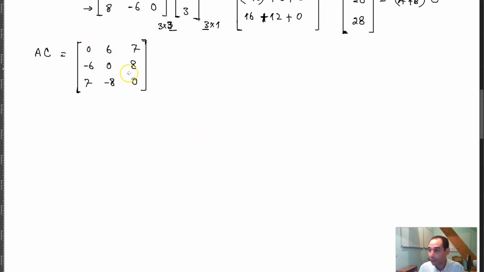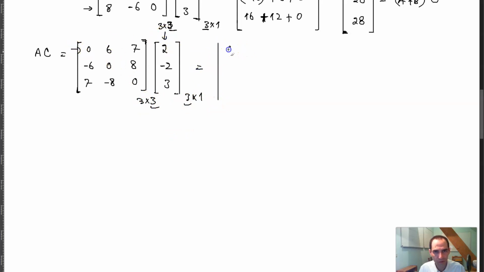So A times C, this is A, and C is basically another matrix here, 2, negative 2, and 3. So this is a 3 by 3 matrix, this is a 3 by 1 matrix. You can multiply them together, and you will get a 3 by 1 matrix. So I can write my matrix like this. Start from this row, this column: 0 plus negative 12 plus 21, and then negative 12 plus 0 plus 24, and then 14 plus 16 plus 0.